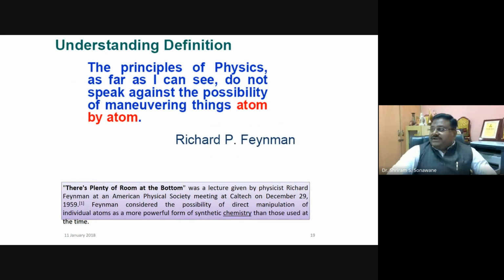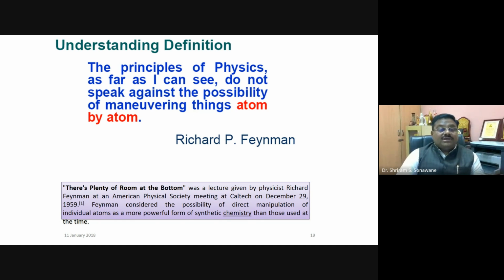Richard Feynman was a great physicist, and he gave us the idea of what nanotechnology is. In his talk, he said there is plenty of room at the bottom. When he said this, in a hall, in an assembly, people laughed at him.